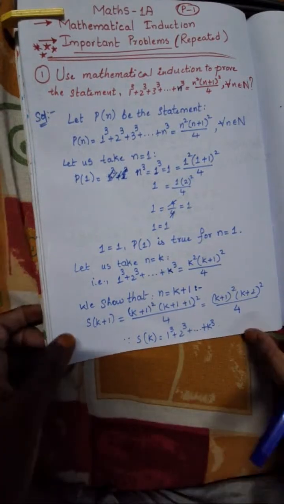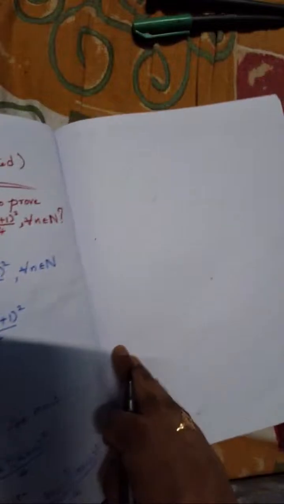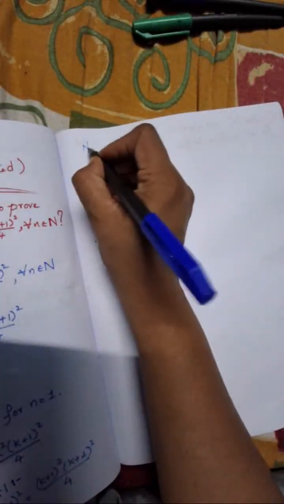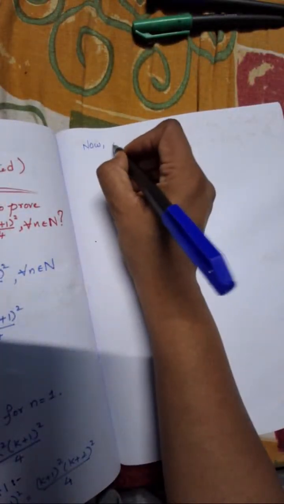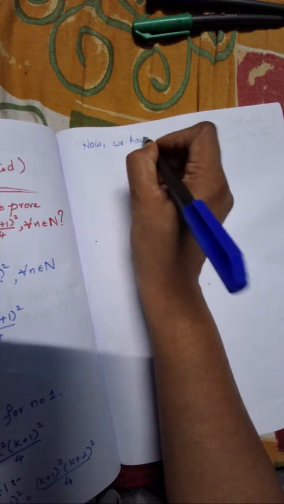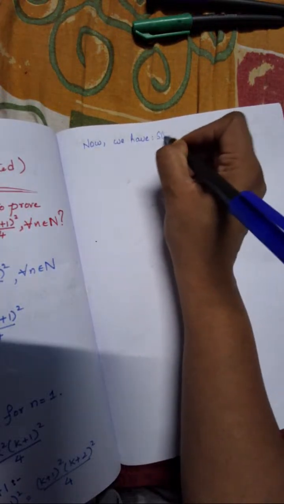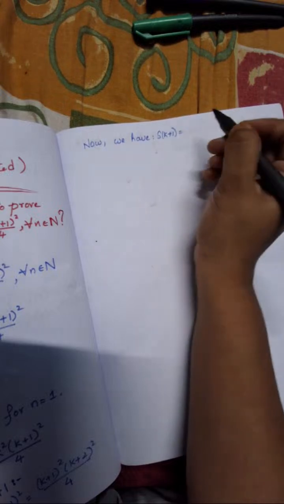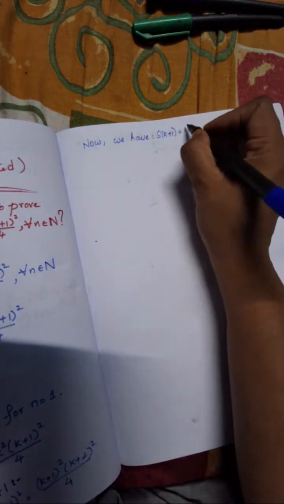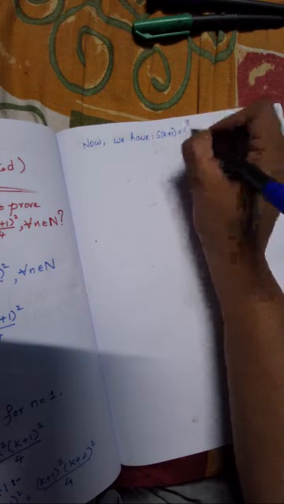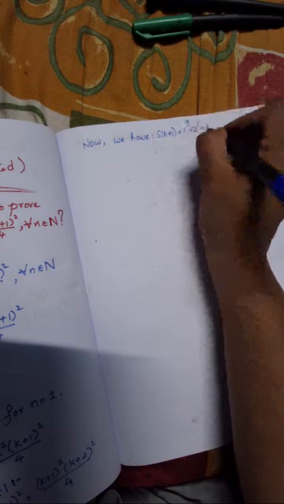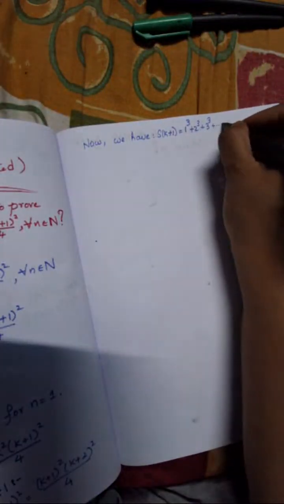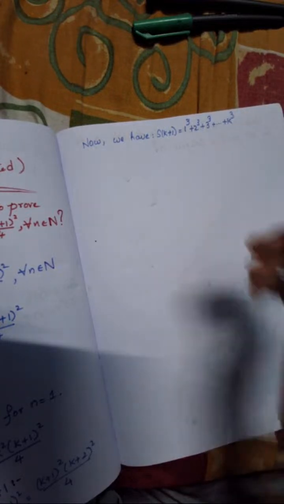Okay, so what we have to take now, we have S(k+1), that is, left side what, 1³ + 2³ + 3³ + so on + k³.